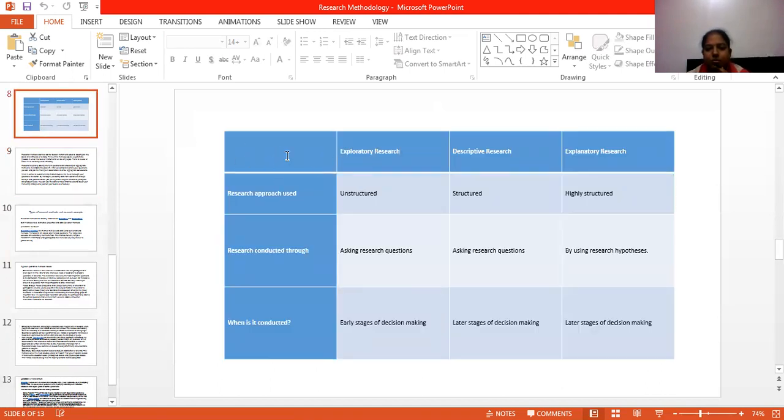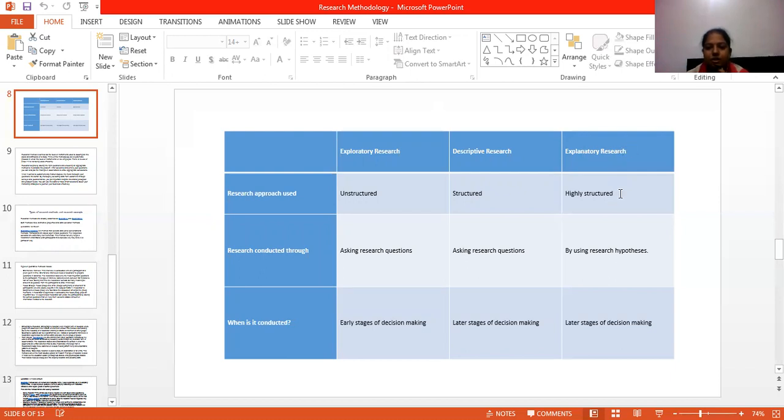Here is the research approach used: unstructured for exploratory research, structured for descriptive research, and highly structured for explanatory research.